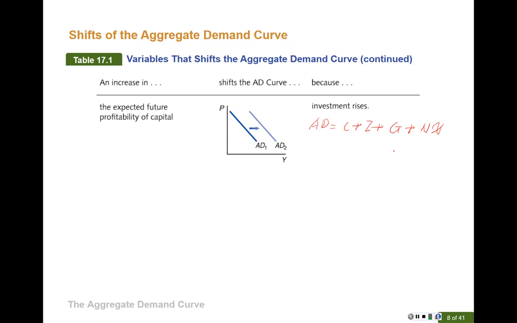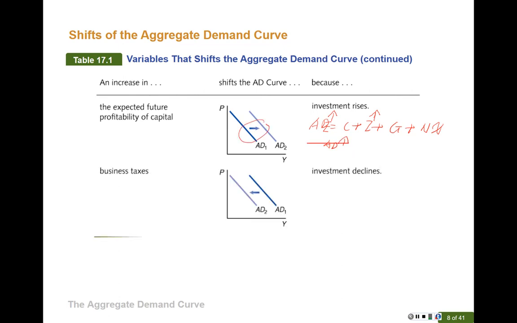If a firm expects future profit to go up, they probably will buy more machines and increase the investment in the equipment to produce more goods and services. So which means the second component, investment, will jump up, and it will cause the aggregate expenditure to go up. So that's the reason the aggregate demand curve shifts to the right.